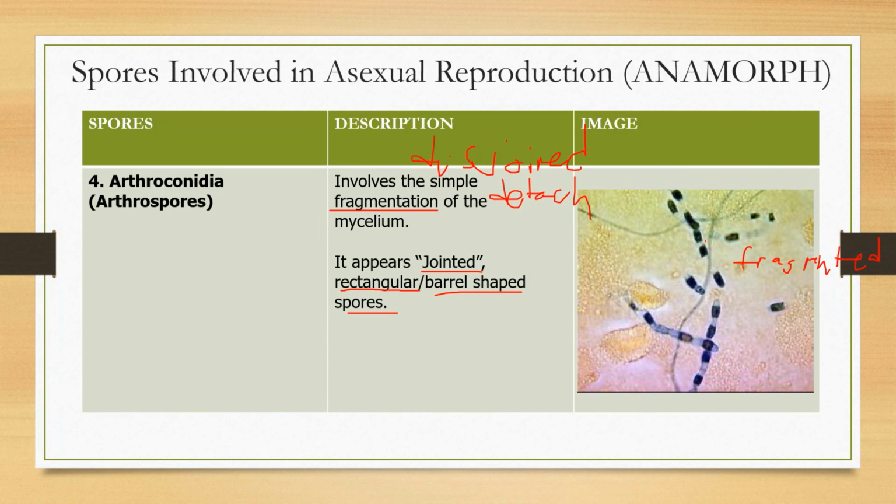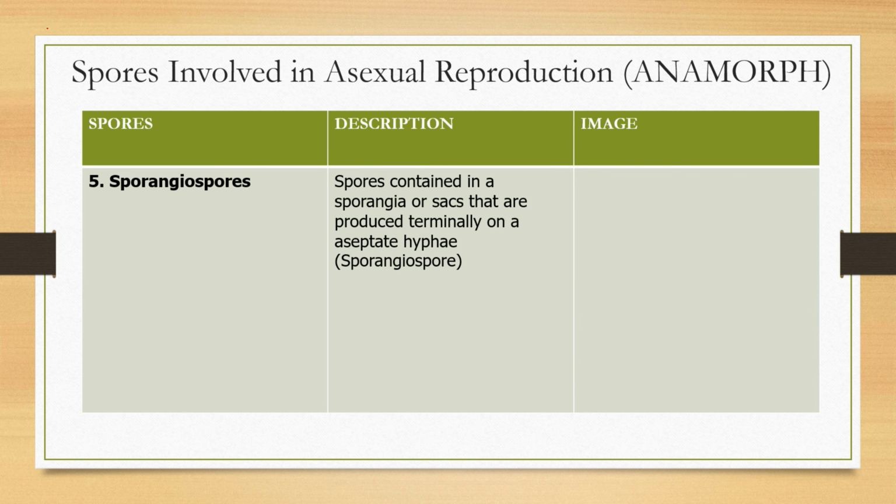So there would be joints together, with spacing in between the spores. And they tend to have a rectangular or barrel-shaped appearance. So that's the arthroconidia.